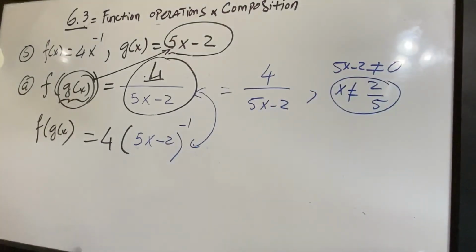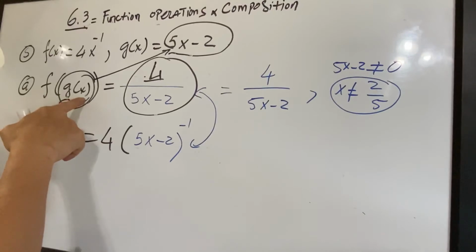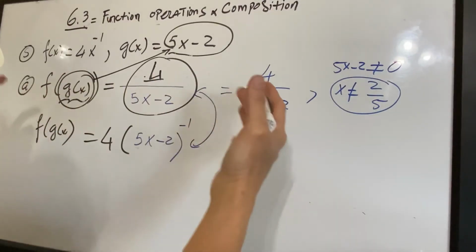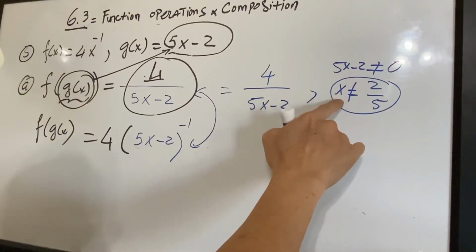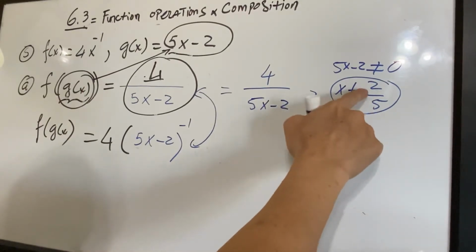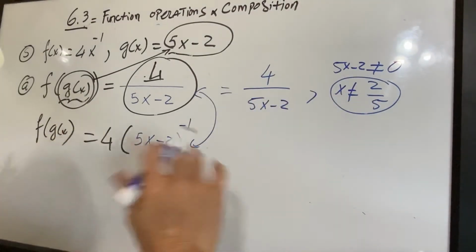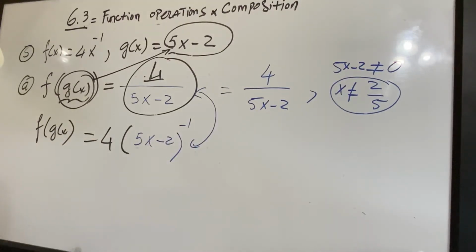That will help you to determine that the composite f of g of x makes sense for all values of x except at the point x equals 2 over 5. Because at x equals 2 over 5, the function is destroyed. Why? You have a 0 in the denominator. So I think that makes perfect sense for you, right? Now let's look at another part, which is part B.